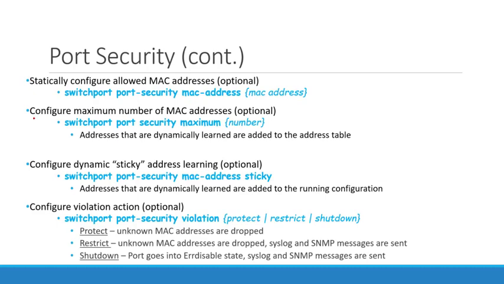The next option is to configure the maximum number of MAC addresses. One instance where you might want to do that is if you're running voice, or voice to the desktop, for example. Embedded in a Cisco IP phone is a switch. So I can connect my phone to my jack, most likely in my wall, that goes back to the switch that we're running port security on.